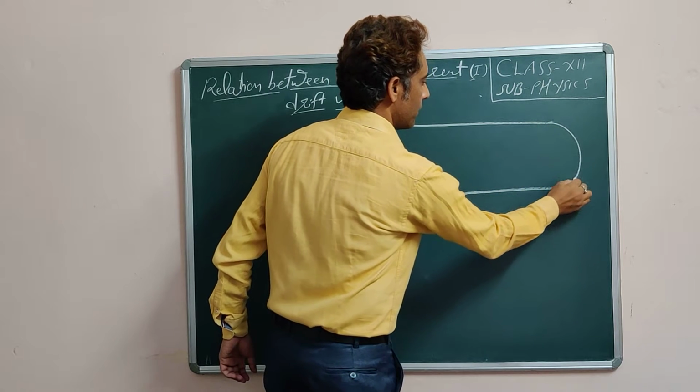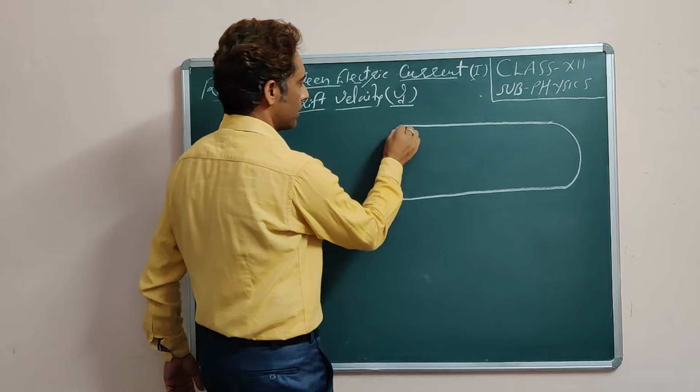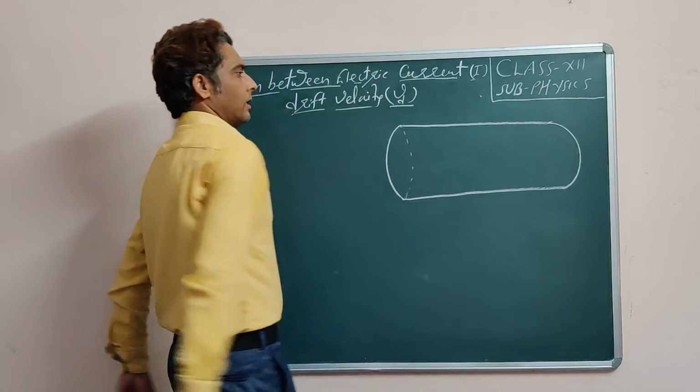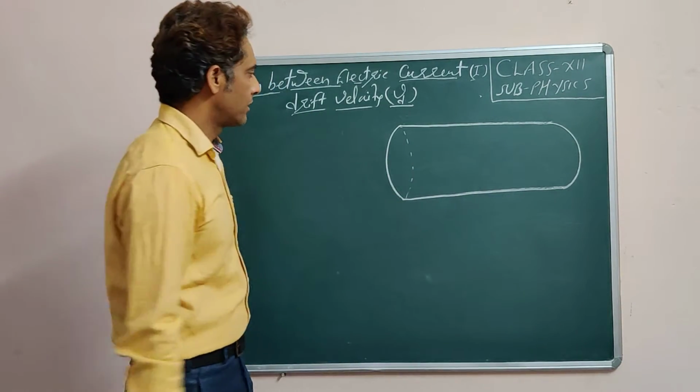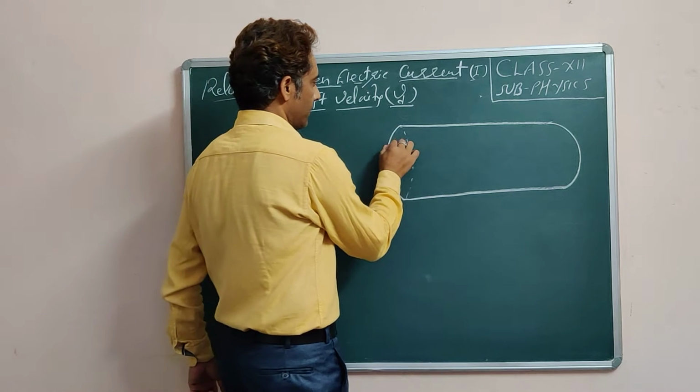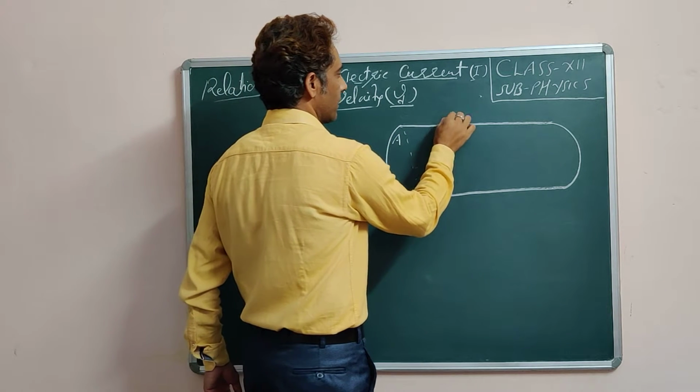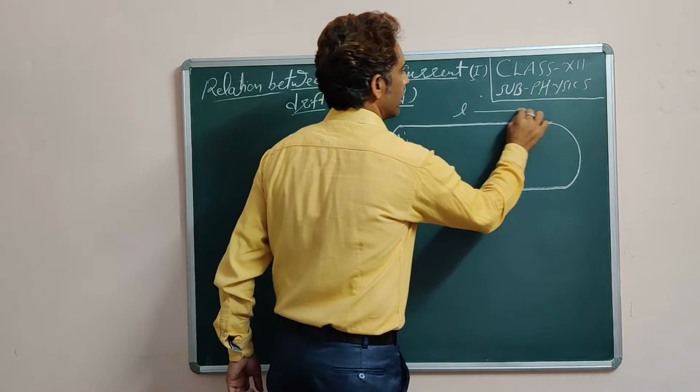Let this conductor be metallic, and we know that metals have a large number of electrons. Let A be the area of cross section and L be the length of the conductor.